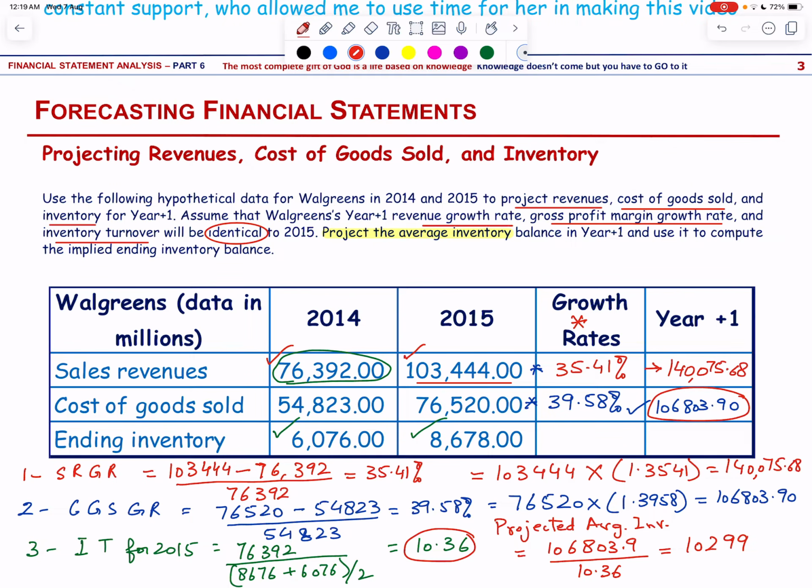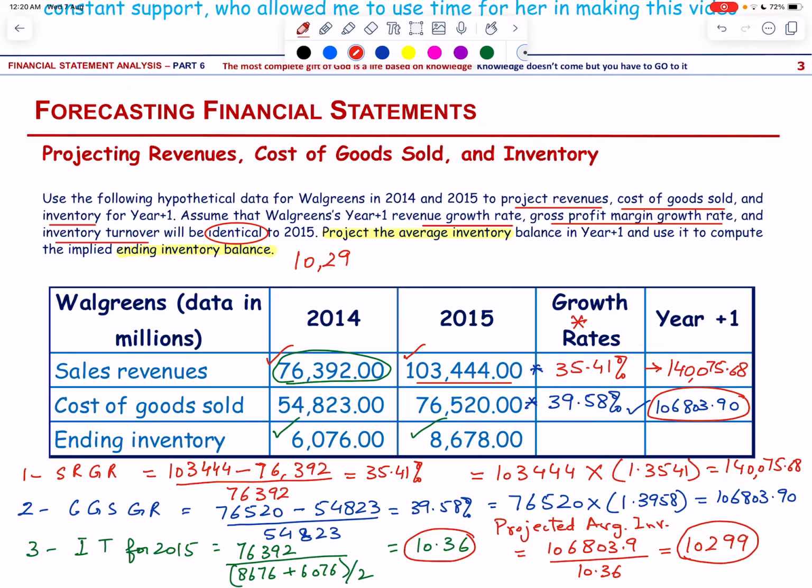And finally we are going to calculate the projected ending inventory balance. The projected average inventory is 10,299.